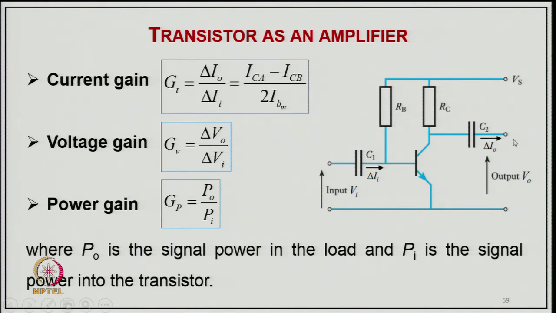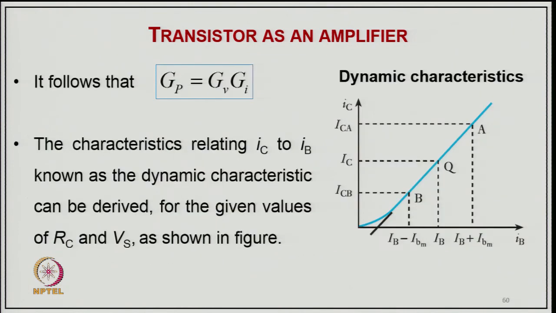Then the power gain will be PO upon PI, where PO is the signal power in the load in the output, and PI is the signal power at the input of this amplifier transistor circuit. So, power gain GP equals voltage gain multiplied by current gain, GP equal to GV into GI.